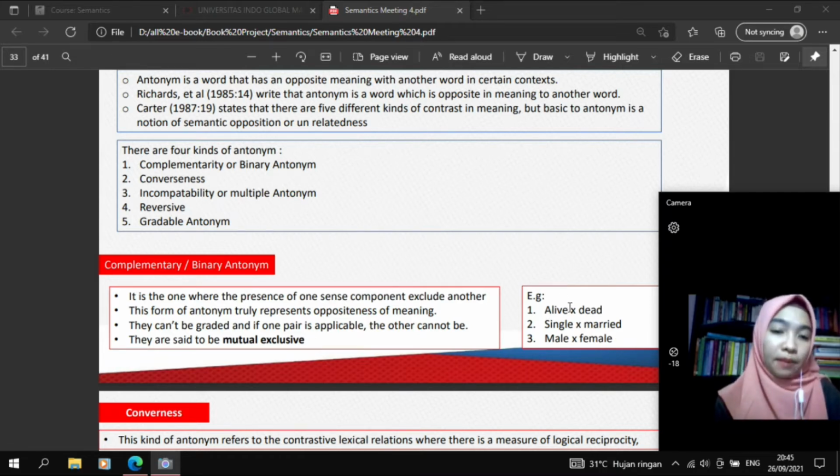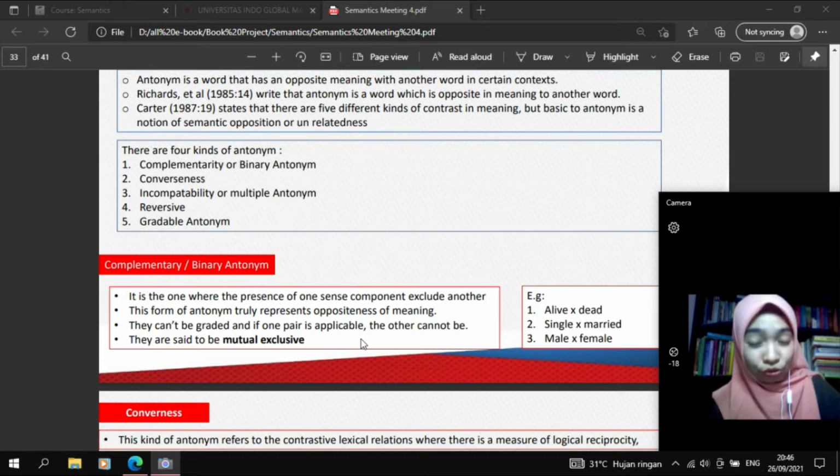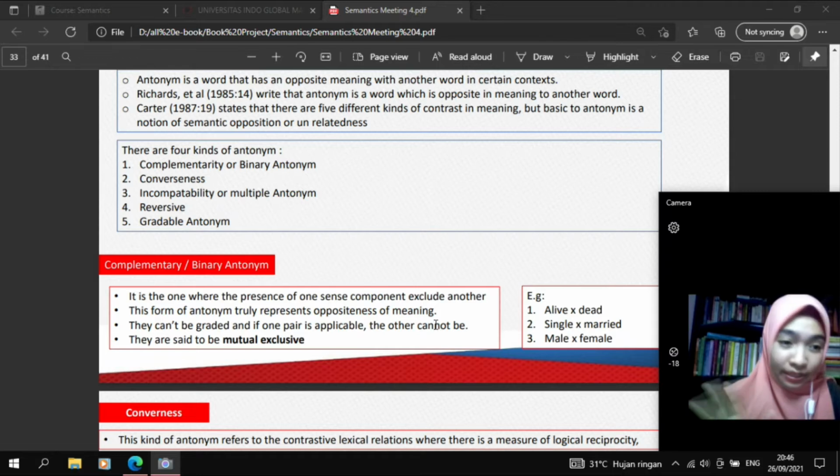Let's go on to examples. If you are alive, of course you are not dead, right? You really need to choose one of these. So that's why complementary means that if one of these is applicable to you, the other cannot be applicable to you. But they are mutually exclusive.